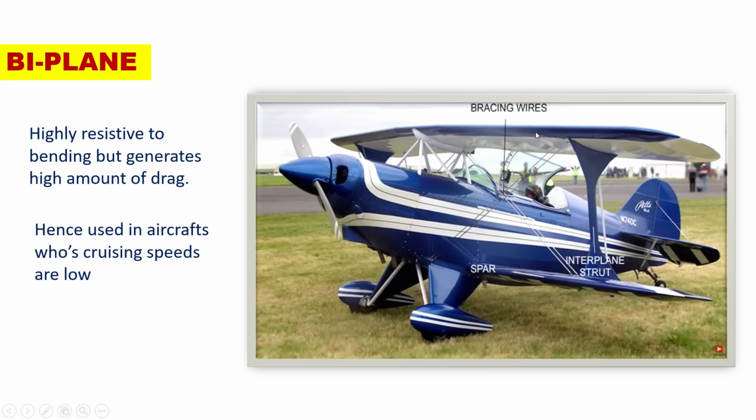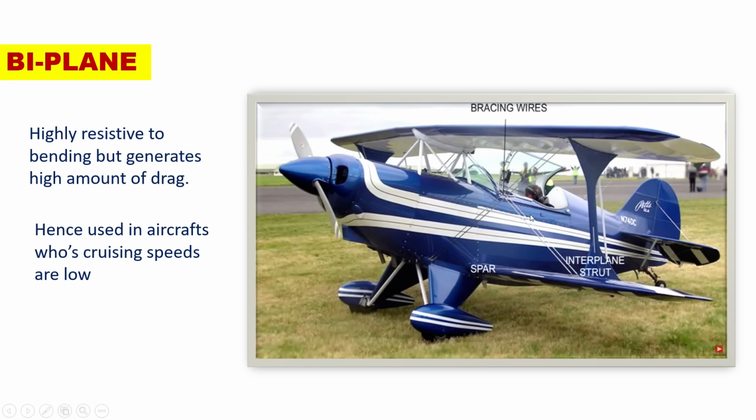Along with bracing wire, there is an interplane strut. This that you can see is the interplane strut, and these structures are very strong. They are highly resistive to bending. They won't bend. Like you've seen the modern airliners that I showed you, they were bending. But in this biplane, the wings won't bend.